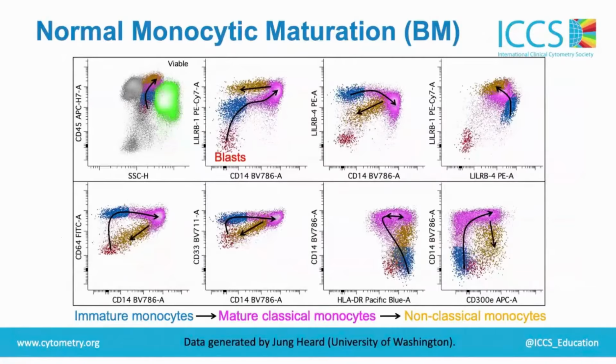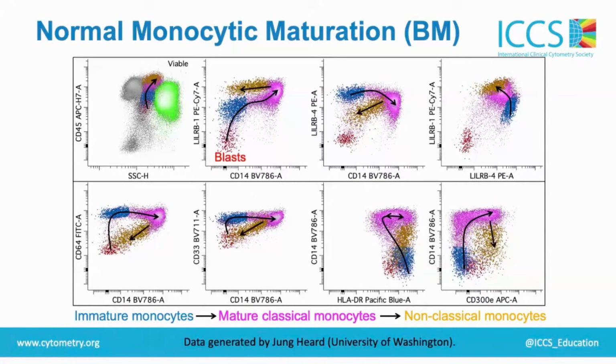To emphasize the normal monocytic maturation pattern in the bone marrow, the black line follows the changes in antigen intensity as monocytes mature. Immature monocytic cells are colored in blue, mature classical monocytes in pink, and non-classical monocytes in orange. Monocytic cells have high-level expression of CD33 and CD64 at all stages of maturation.